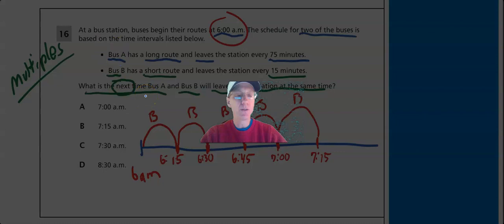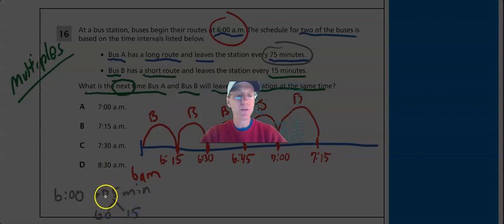We'll do bus A down here in gray, I guess. Bus A is 75 minutes. So it leaves at 6 a.m., plus 75 minutes. So you have to think about this. What does that mean? 75 minutes, you can decompose that. That's 60 minutes for an hour and 15 minutes, right?